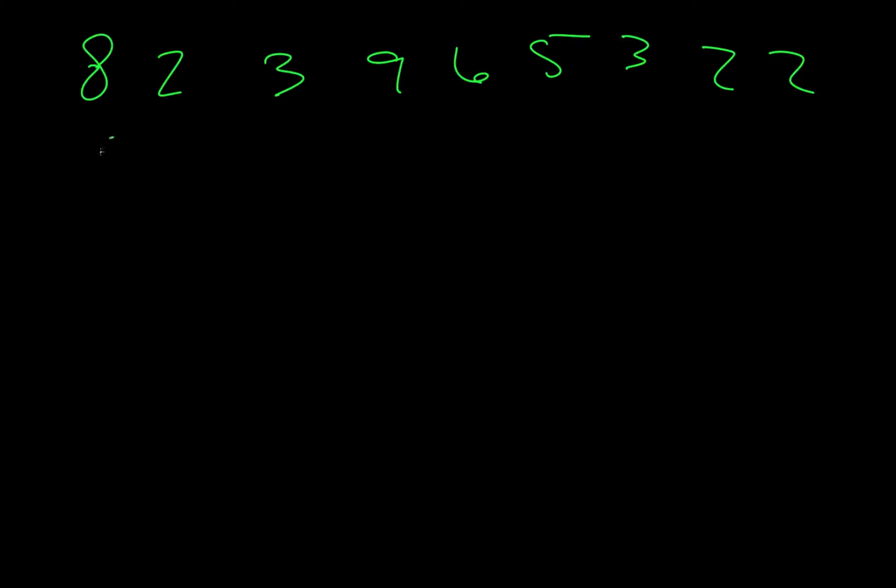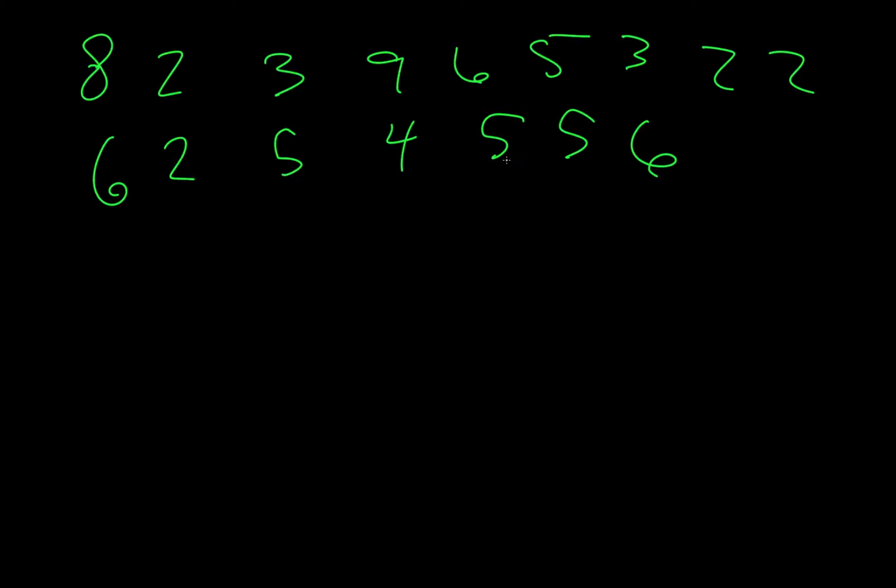So we're on example 8, and it gives us some data. Okay, so it says find the 5-number summary of this data.